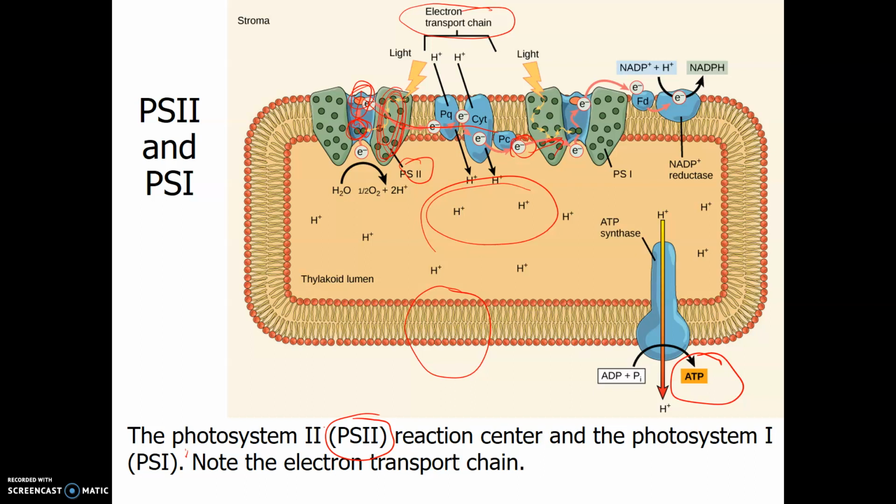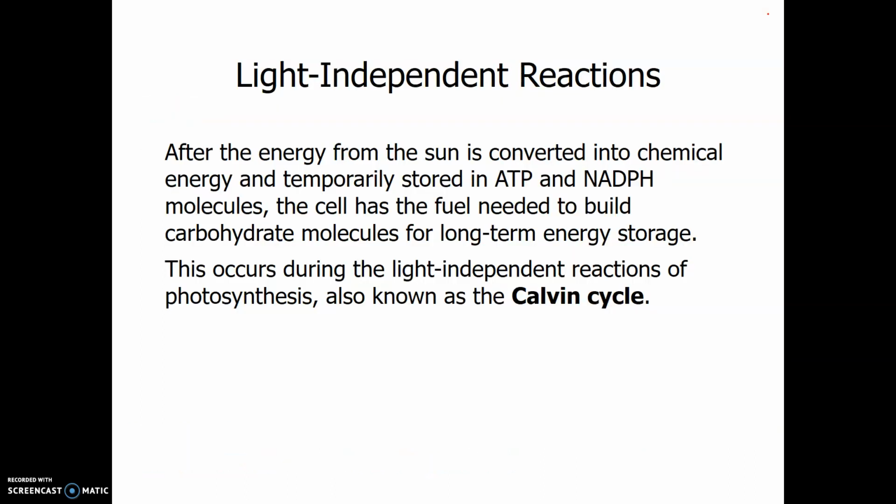Sunlight is absorbed, the electron arrives at the reaction center, chlorophyll A molecules, and then the electron acceptor molecule, and then it is passed along these electron carriers, and that energy is used to create NADPH. So the products of the light reactions are ATP and NADPH, and they are going to go on and be the power for the Calvin cycle, or the light independent reaction.